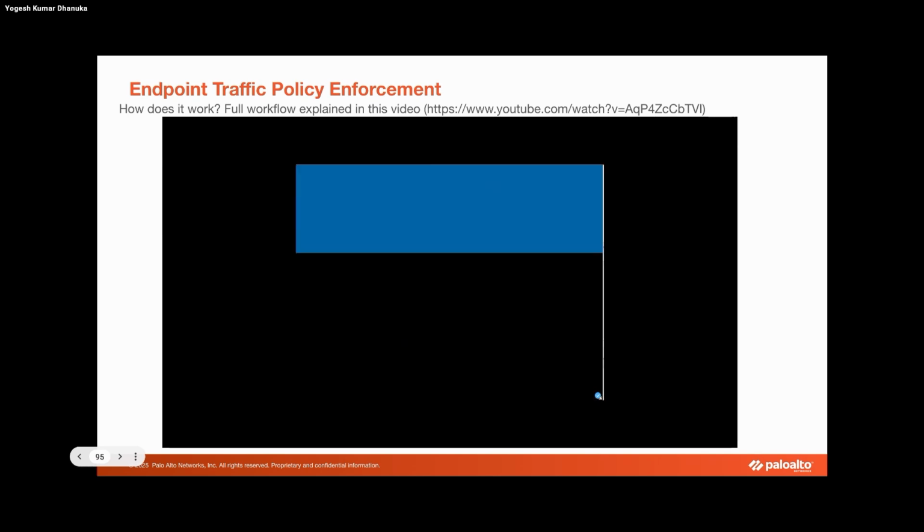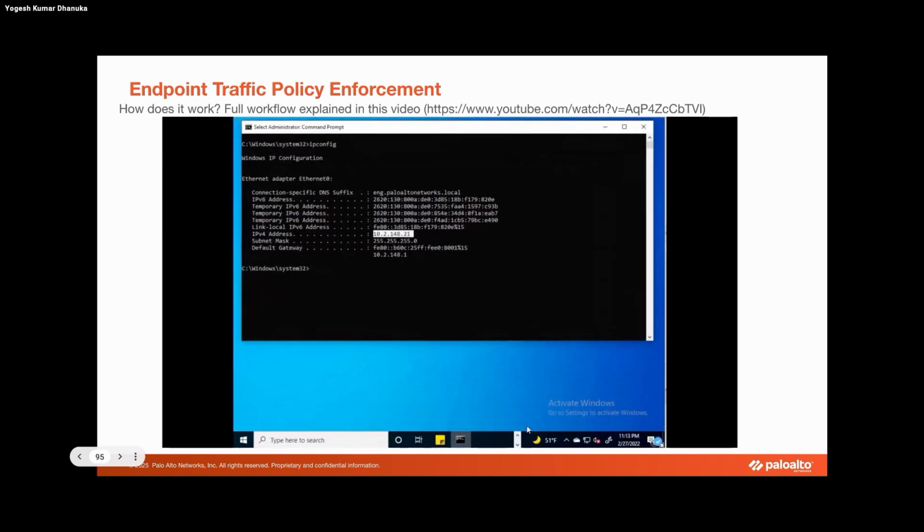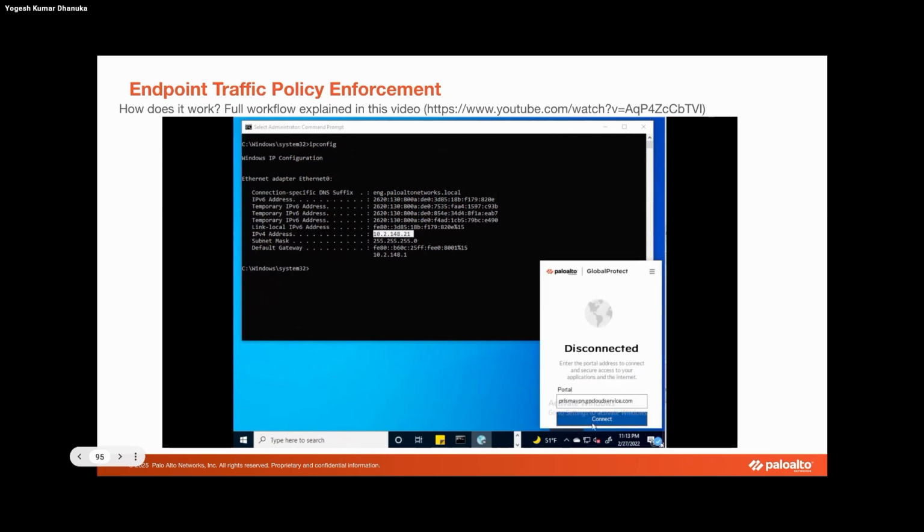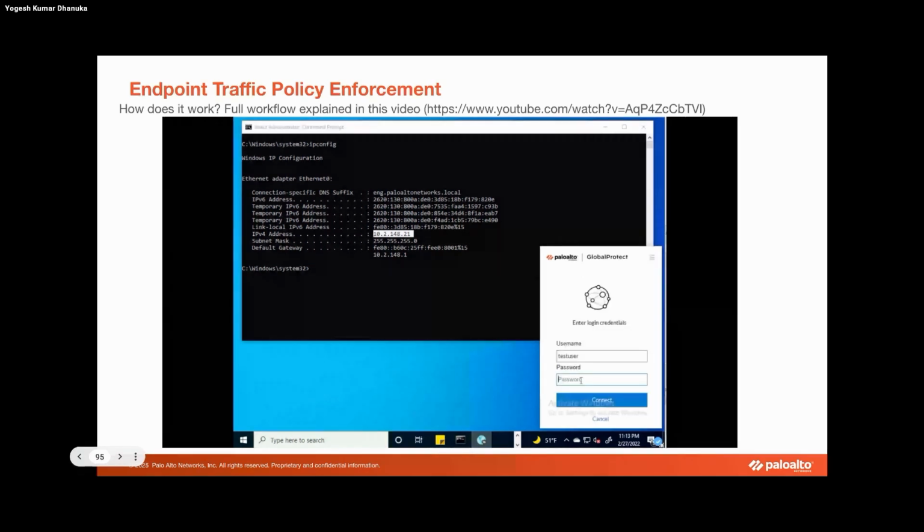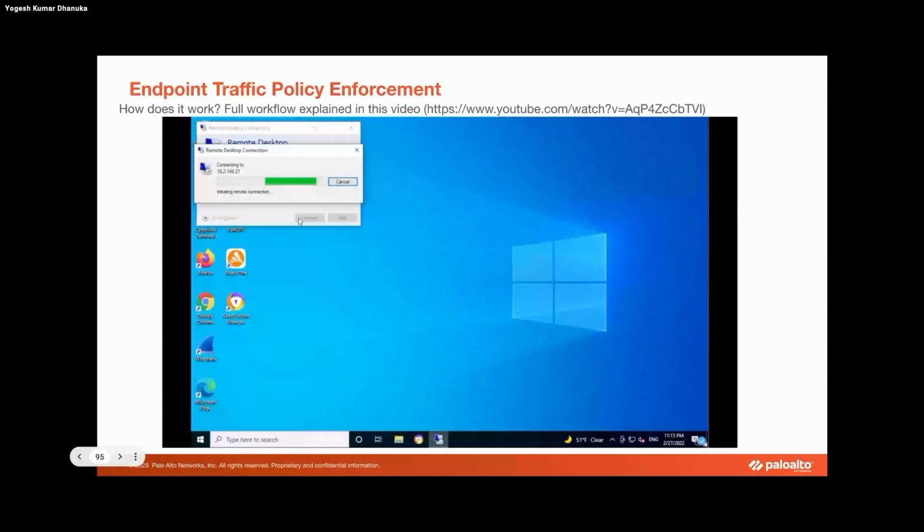Now we go ahead and enable GlobalProtect. And now when we try to pass TCP traffic, that is RDP, from a different VLAN, the RDP fails.